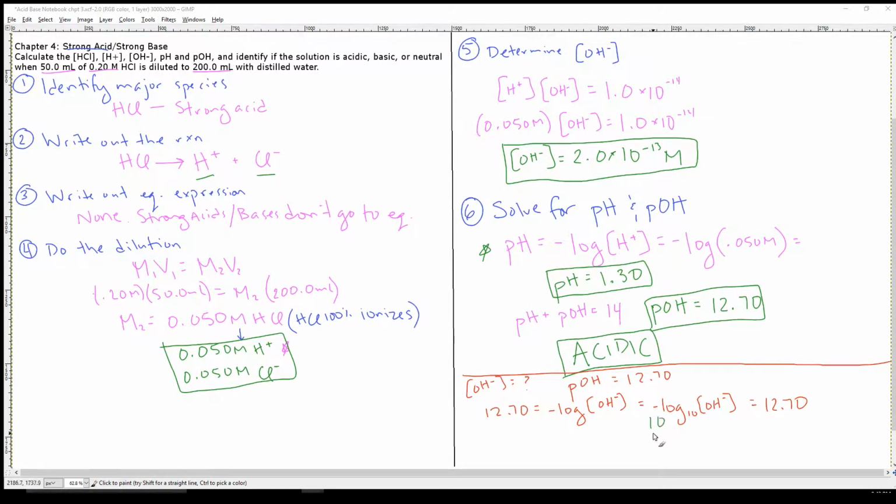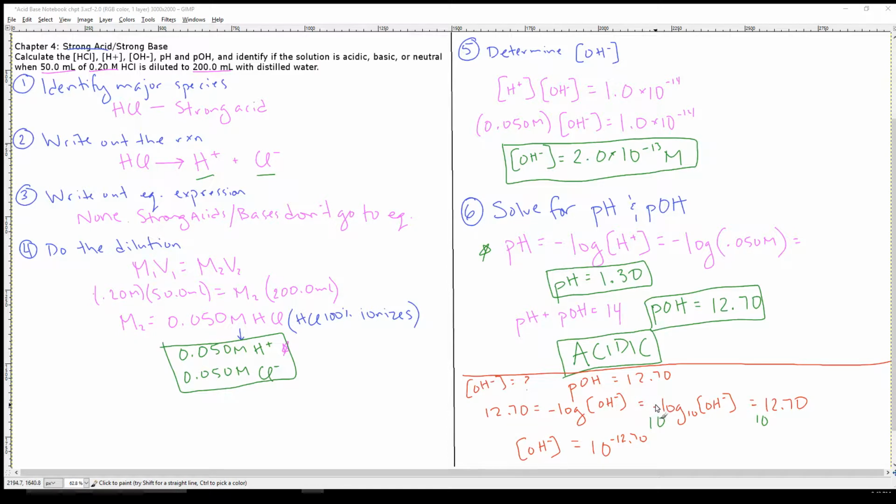I'm going to say 10 to the negative log base 10 and 10 to the 12.70. And what this ends up giving you is that the concentration of your hydroxide ions is equal to 10 to the negative 12.70. It has to do with this negative symbol up here. You need to bring that over. So what we would have done is taken this negative symbol before we did this.